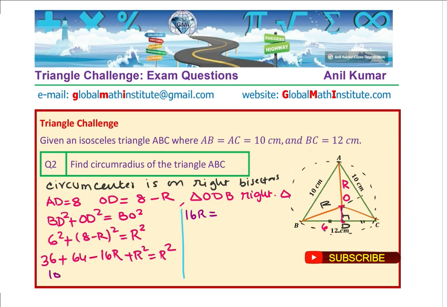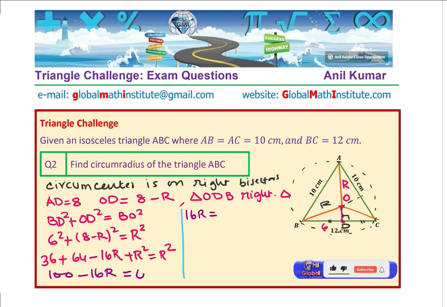So we can write this as 100 minus 16R equals to 0, right? Taking R square to the other side, it gets cancelled. So 16R is equal to 100 and therefore R is equal to 100 over 16, correct? Dividing by 4, we get 25 over 4.